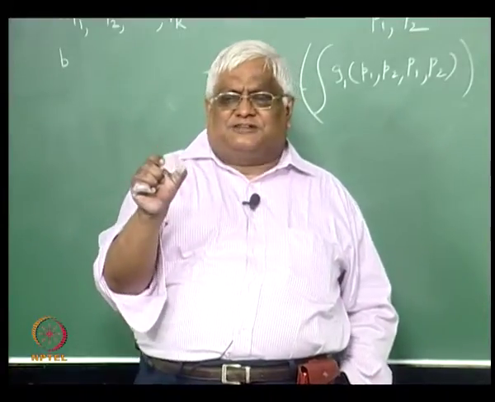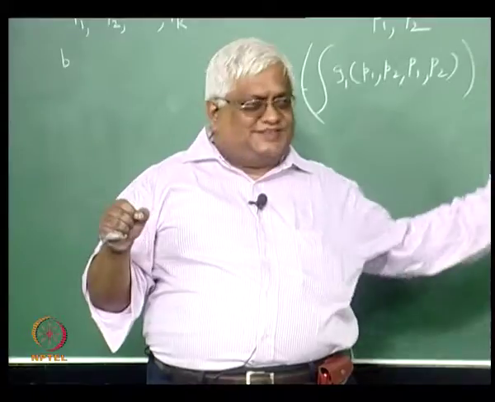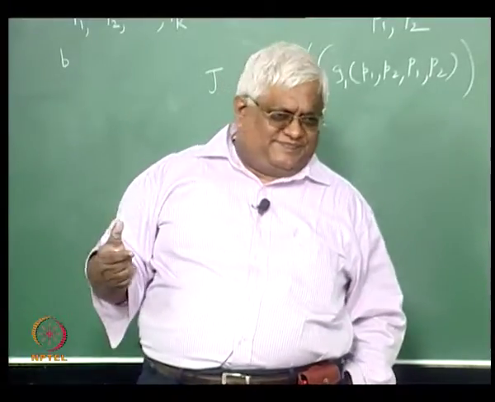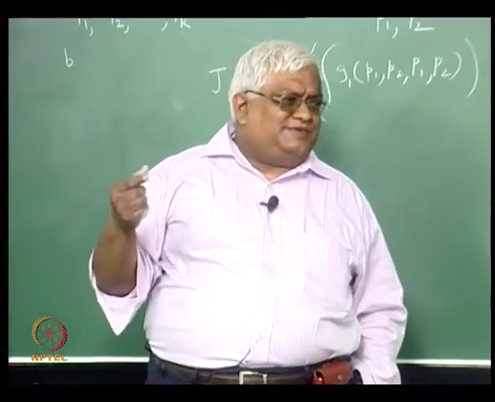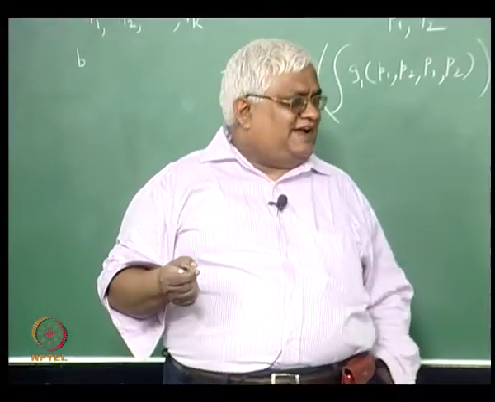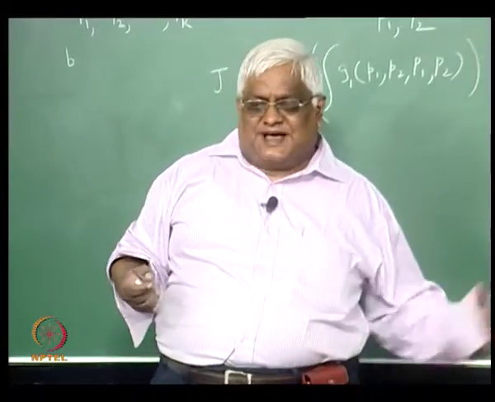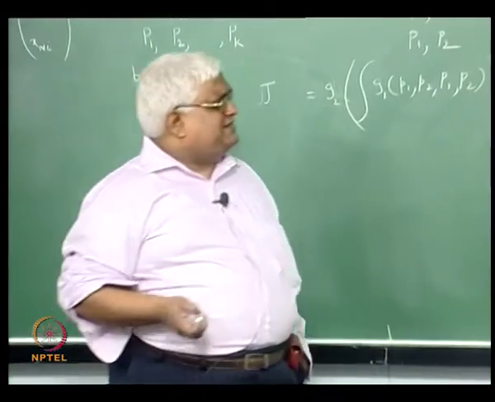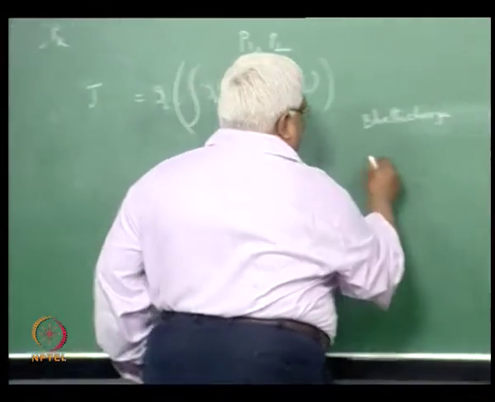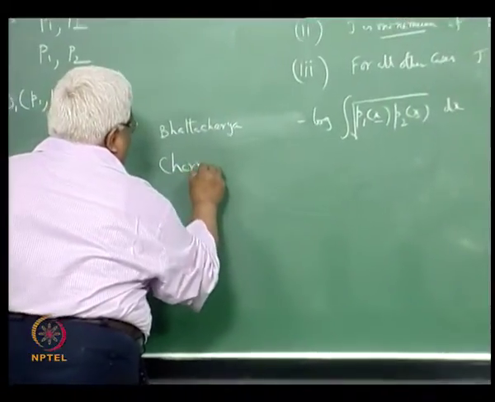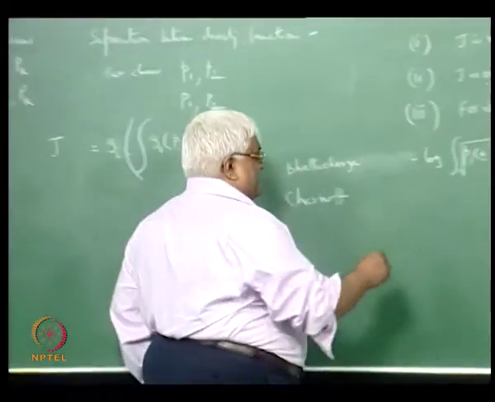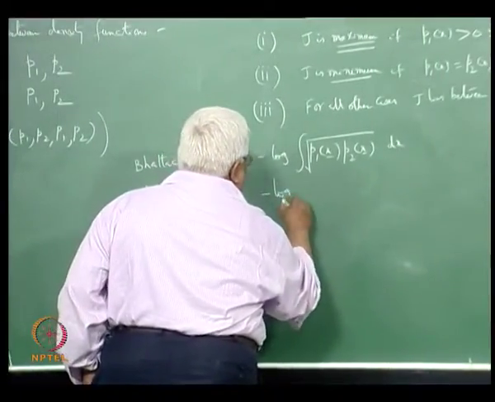Probably you might have heard the term Bhattacharya distance. So, this is the one. Bhattacharya distance is this. He was a very famous statistician, and he actually developed this one, Bhattacharya distance. And this was generalized by Chernoff. So, how did he do it?